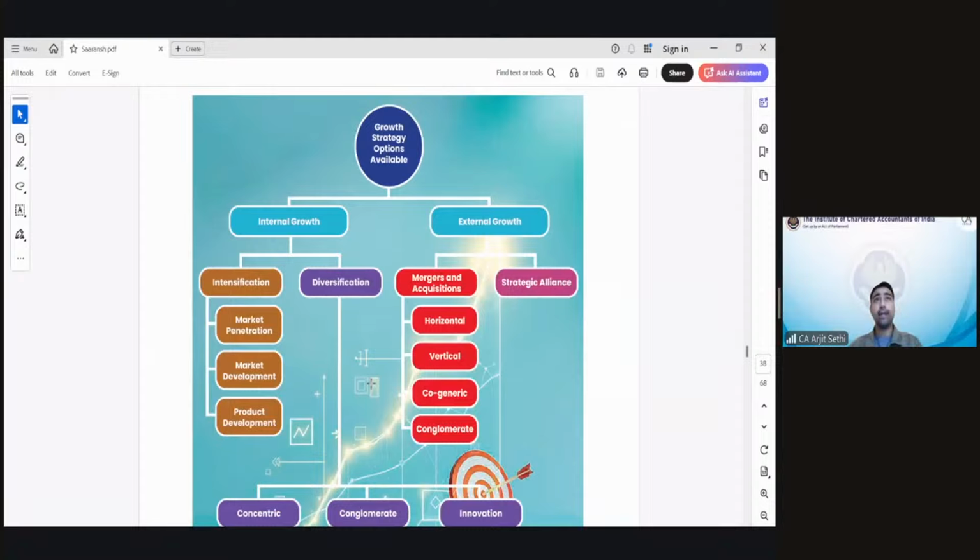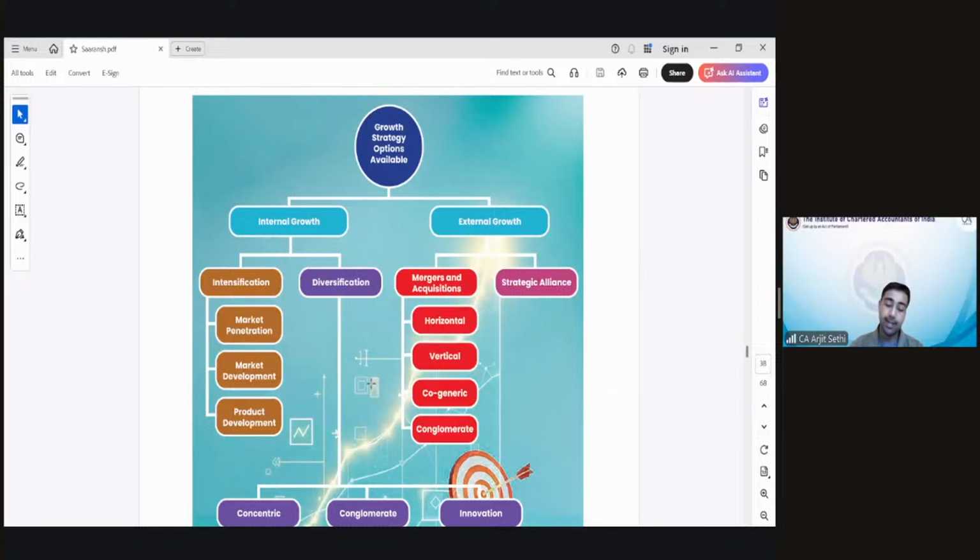Either you can grow internally or you can grow externally. When I say grow internally, grow externally, it means two things. Either you start working on your own business to grow, or you look out of your business to grow. Organic growth, inorganic growth.